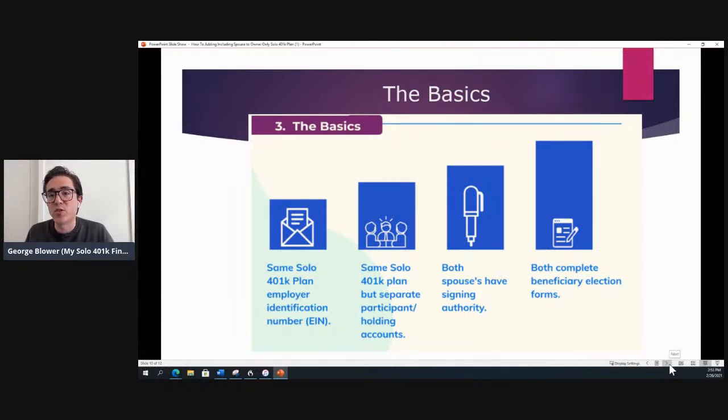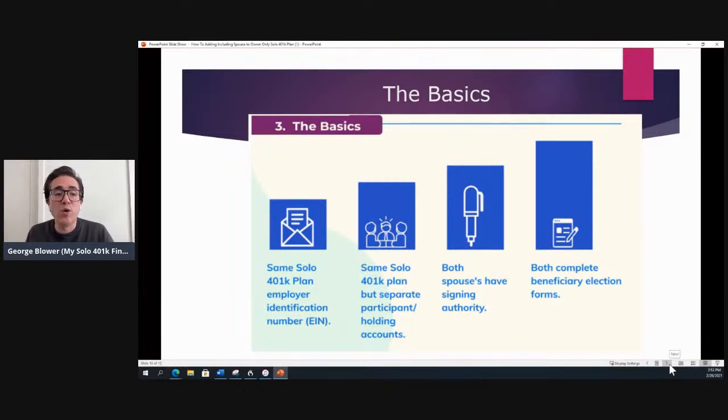So for example, when you're signing up for our plan, one of the questions we ask is whether you have another spouse that's going to be participating in the business. The answer might be no, but you might say, I do want my spouse to have signing authority to help me administer the plan. That's certainly acceptable. You could have the other spouse added as a trustee.